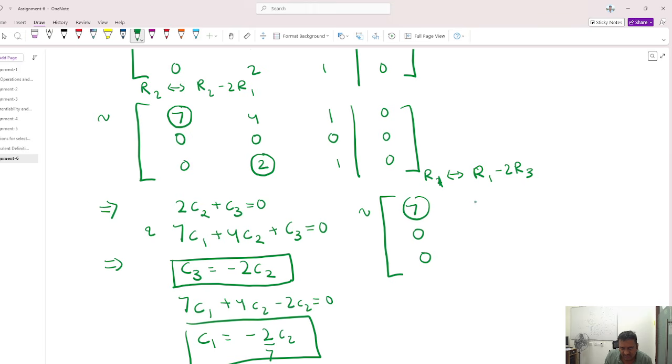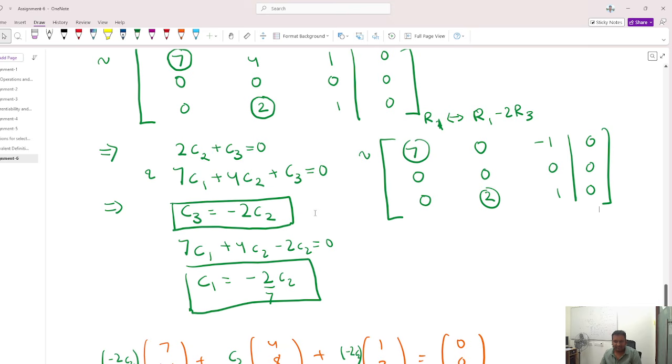So this will be 0, 0, 2. And what will happen here, guys? If you see this thing, this will be 1 minus 2, 1 minus 2. This is minus 1, 1. That's all.